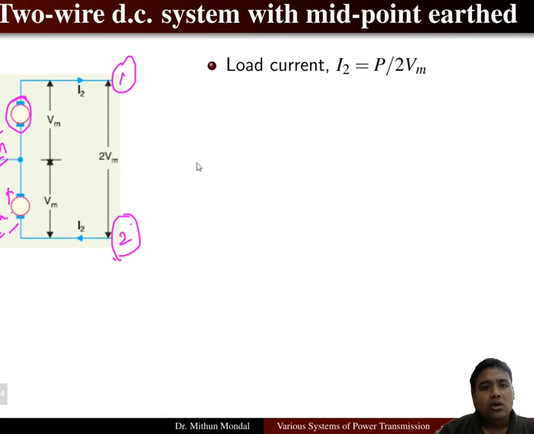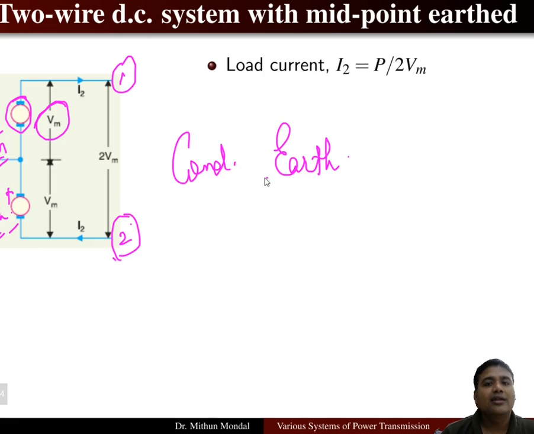You know that we have made an assumption that Vm is the maximum voltage between a conductor and earth. This is the overhead system.